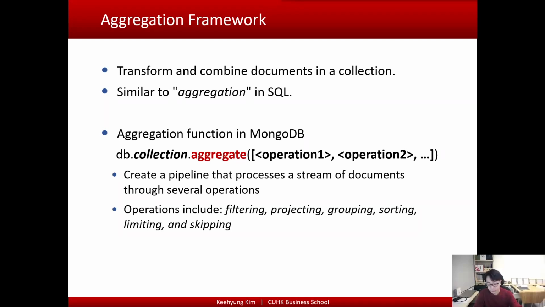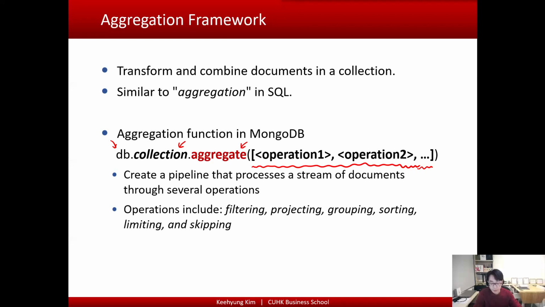Similar to the other queries, we specify the DB first, and then we specify the name of the collection on which you are going to do aggregation, and then we specify the aggregate function, and then we provide a list of operations we want to perform. So that's basically the basic aggregation function in MongoDB.